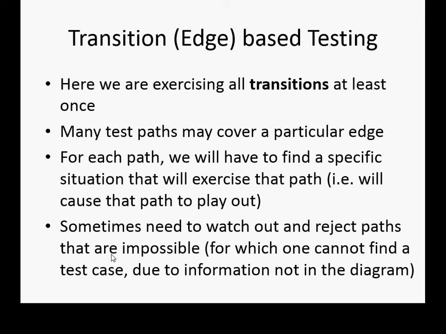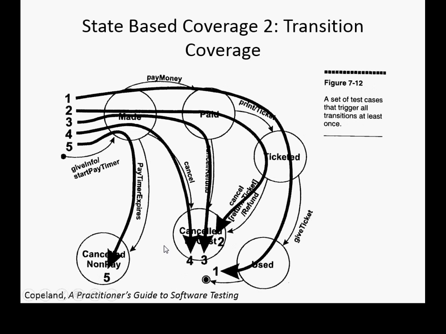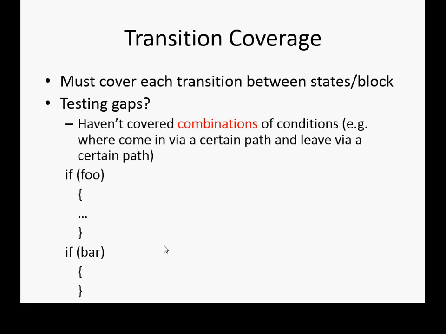And for each path, we have to find a particular situation that will exercise it. This is a sort of coverage that was done by the Excel team when I was there for that core algorithm. Basically, you're making sure every single transition here is covered at least once. Good. Now, transition coverage is not perfect either.